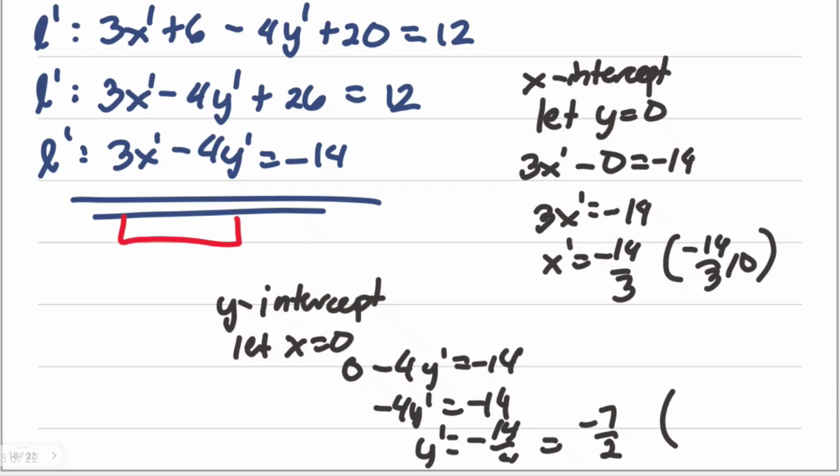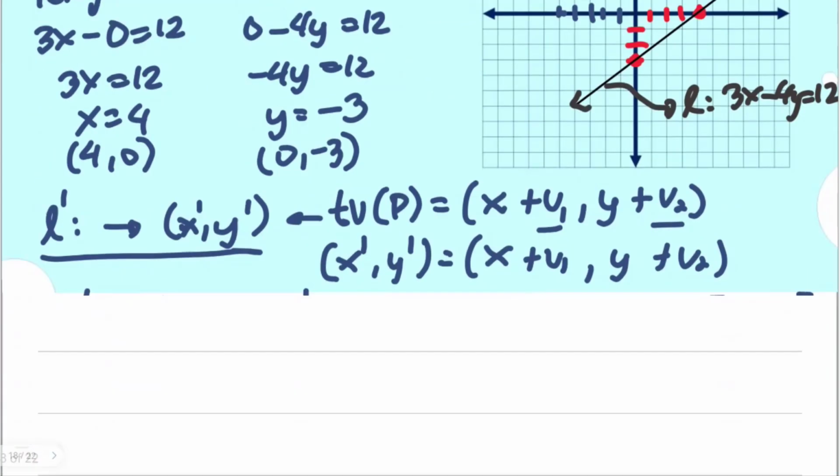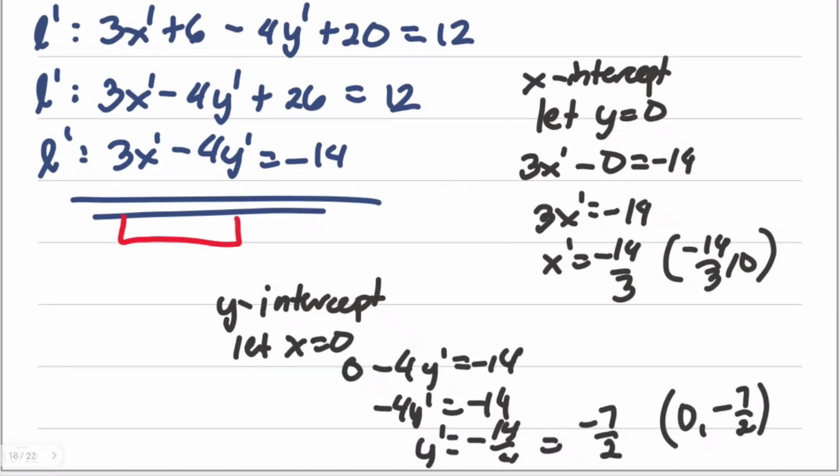So its y-intercept is at 0 and negative 7 halves. So plotting them on our Cartesian plane, because 2 points determine a line. Okay? So negative 14 thirds is negative 4 and 2 thirds. So you have here 3 and 4, somewhere near 5.